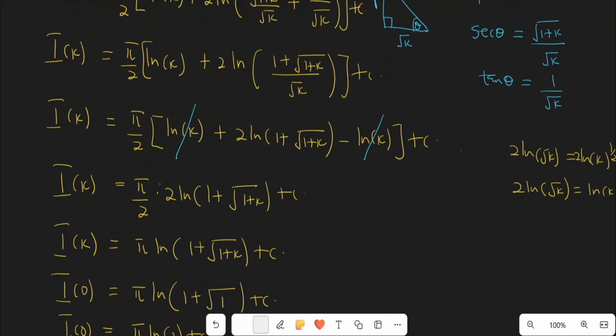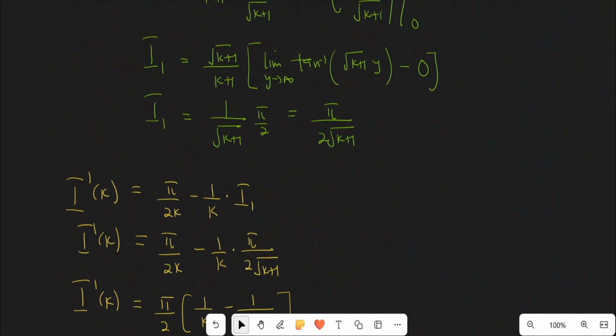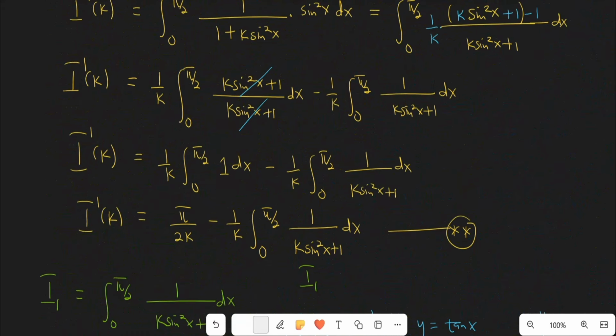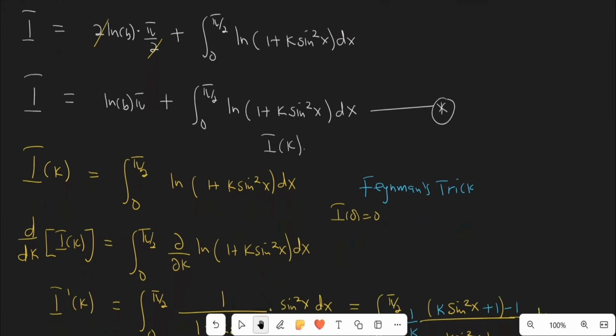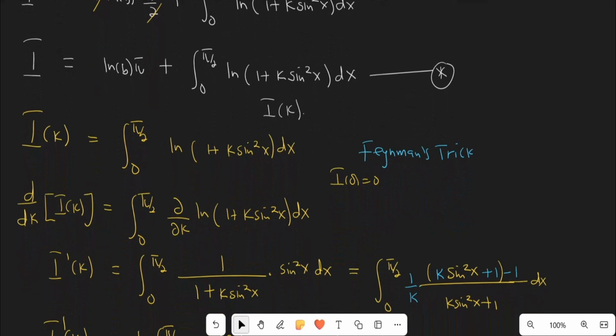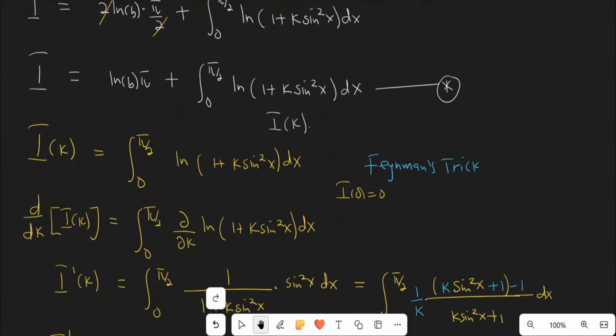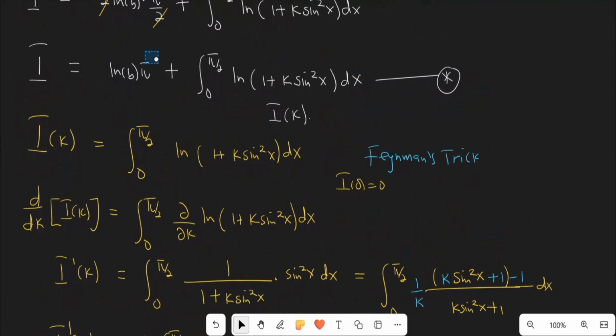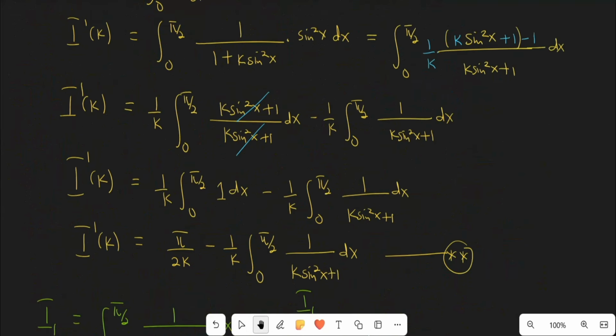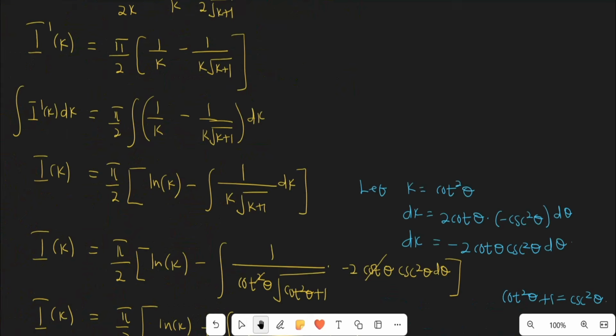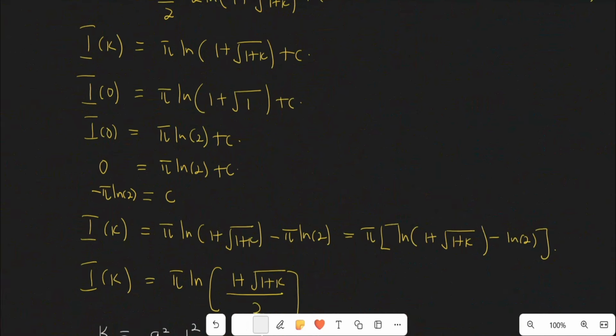And now if we recall again for the last time, before we started using the Feynman trick, equation star is the same as ln of b times pi plus I of k. So we are going back to equation star to now finish off with the integral. So we just have to add ln of b times pi to what we got down there, and now we can wrap up the video.